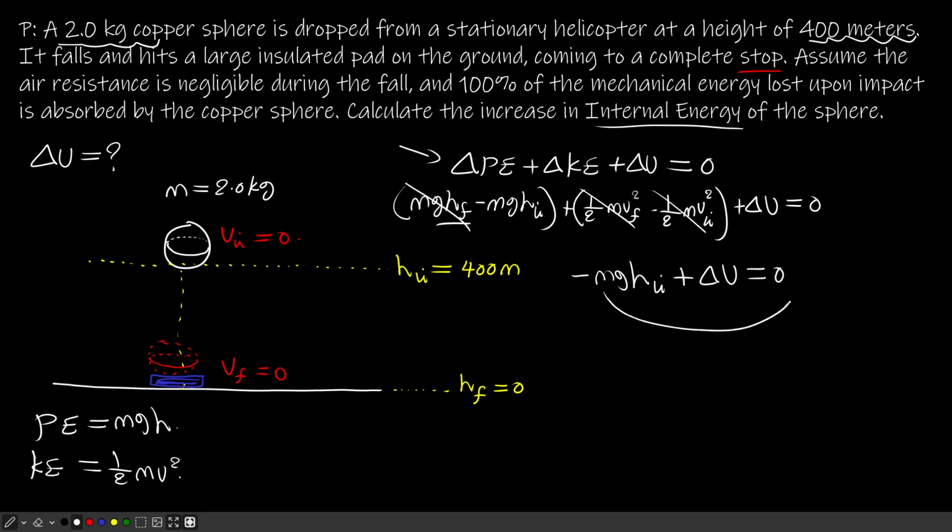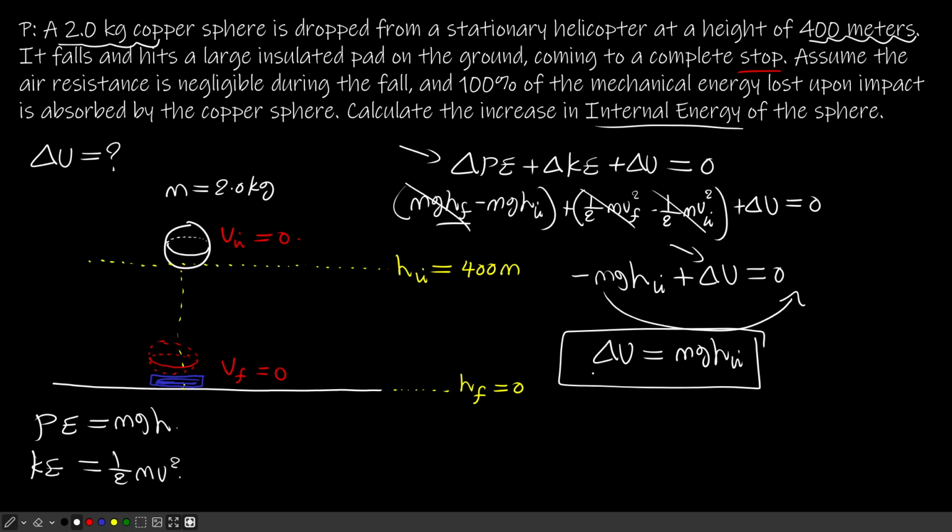Now we move this term to the other side because we want to solve for the change in internal energy. We say delta U is equal to nothing but mgh initial. Now, this equation resonates something, a deeper meaning of this problem.